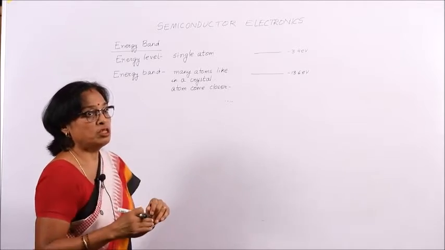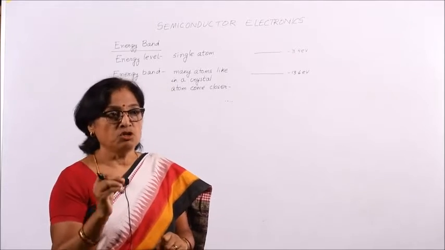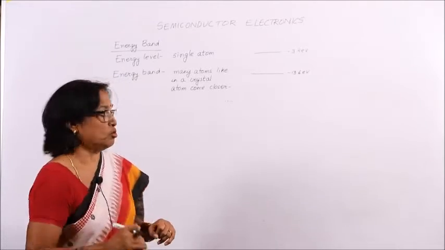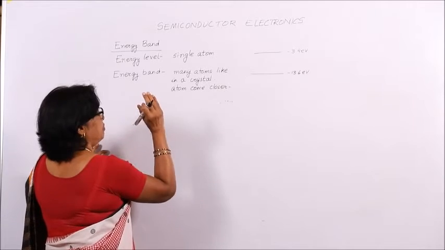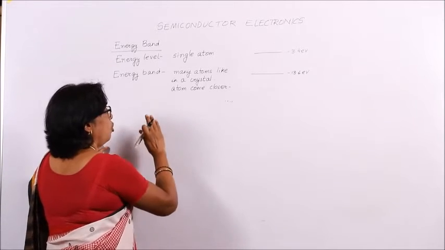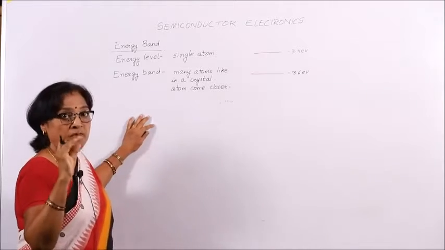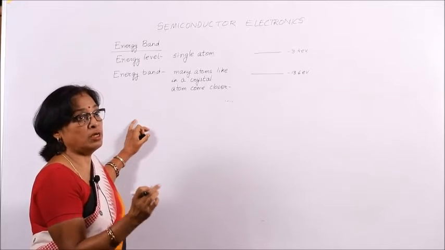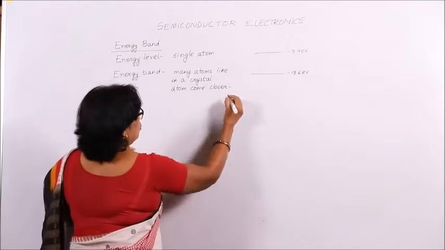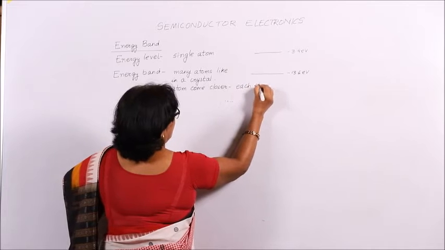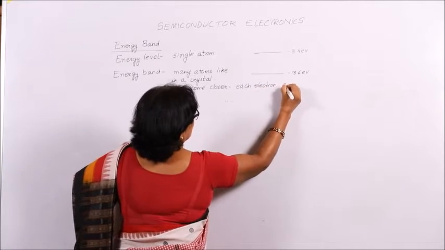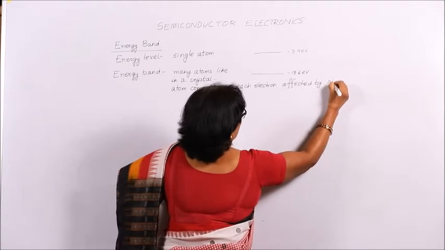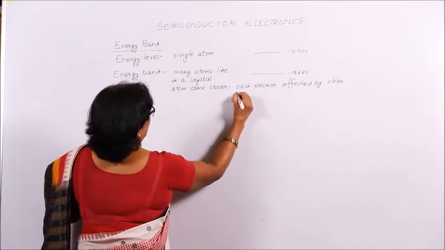As a result, the energy of a certain electron changes because it is affected by other nuclei and other electrons. So even if there are n number of electrons, all having a certain valence energy level, when the atoms come closer, each electron is affected by other nuclei and electrons.